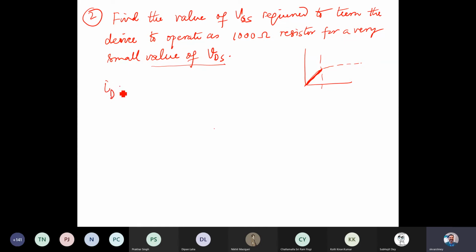So the ID is Kn dash W by 2L, and then you have VGS minus VTN, VDS, and then minus, what we have here, twice of VGS minus VTN, VDS minus VDS square, right?